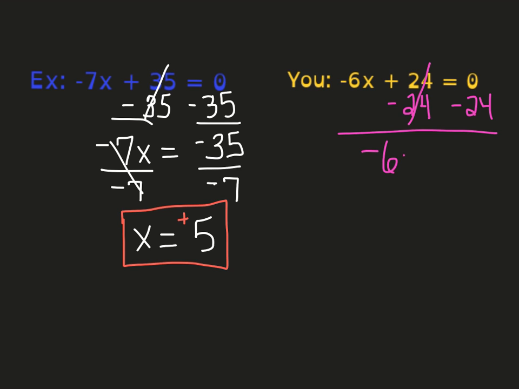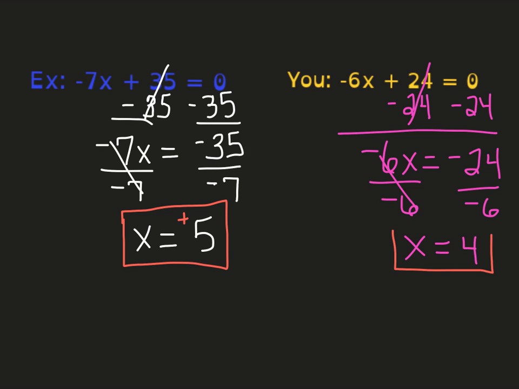Negative 6x equals negative 24, because negative 24 and 0 is negative 24. So divide both sides by negative 6. X equals positive 4. That's it. I hope you got it right.